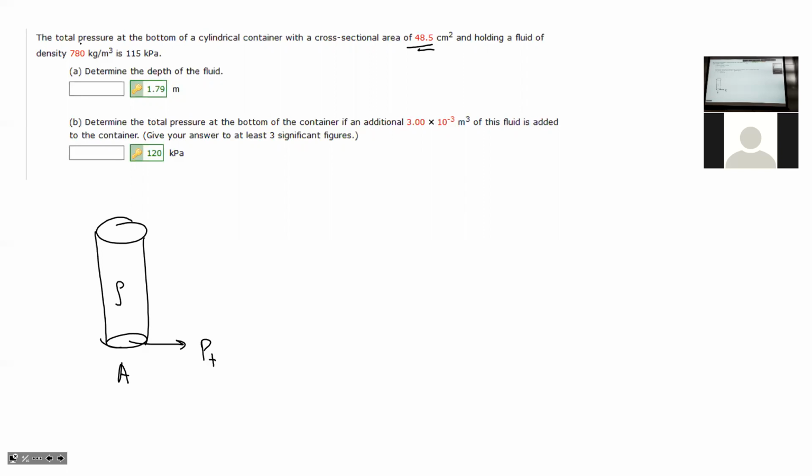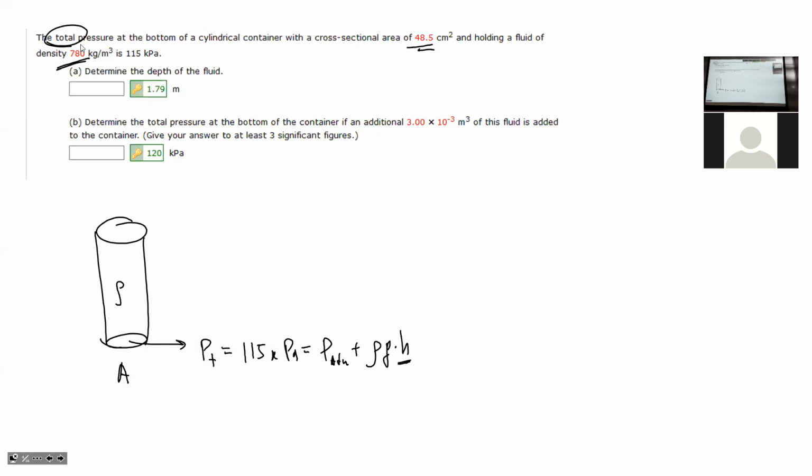It's not water, it's something lighter. And this pressure is 105 kilopascals. What people sometimes forget is that this is the total pressure, not the gauge pressure. The total pressure is equal to atmospheric pressure plus the gauge pressure, which is density times g times height.